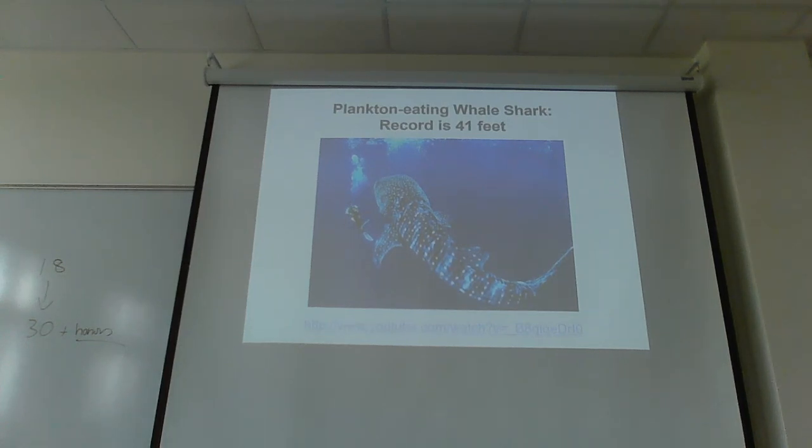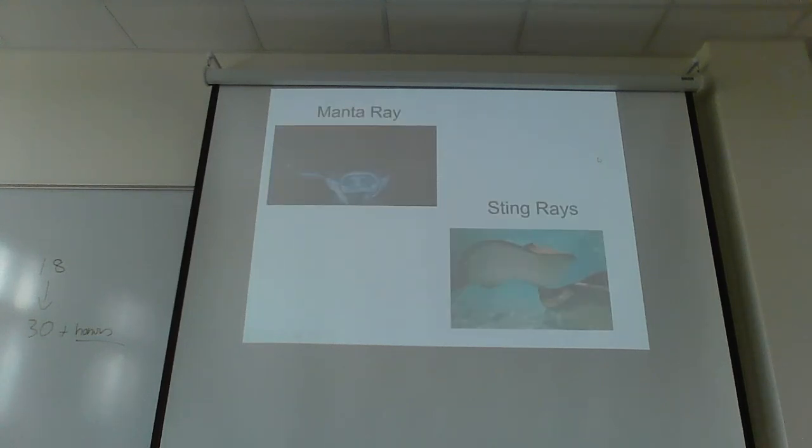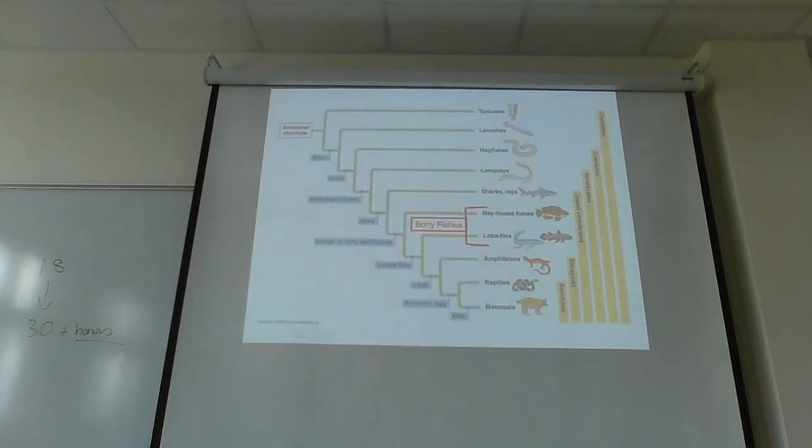So these are not the type of shark that will eat you or other animals. It's not a predator in that regard. It feeds on plankton. There are several species like that. Manta rays and rays also belong to this group of cartilaginous fish. Now we're going to talk about bony fishes.